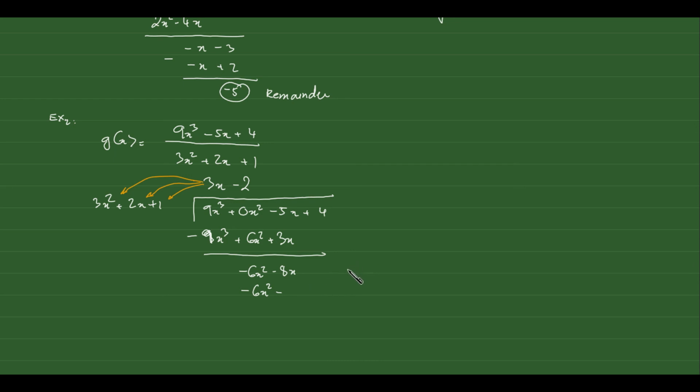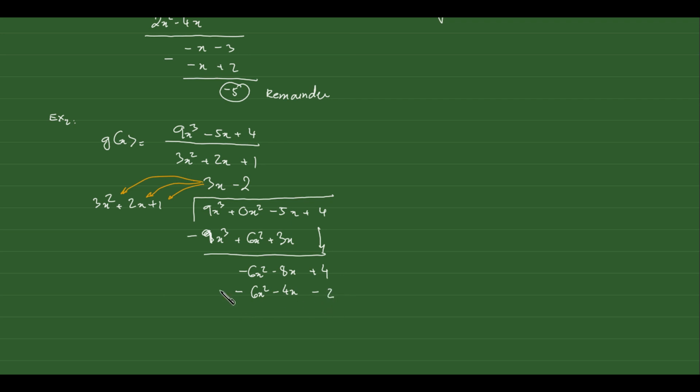Okay. So now you drop this down, then drop this down, and go to that. Alright. This is going to get a negative 2. And the times 3 is negative 6x squared, negative 4x, negative 2.